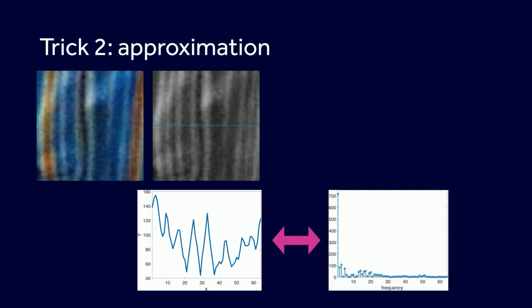So the way that works is like this. There are 64 pixels here, and we say these are completely equivalent to these 64 numbers, which are the discrete cosine transform coefficients. And each one of these numbers tells us how much of a cosine at a particular frequency to add up in order to get that signal.